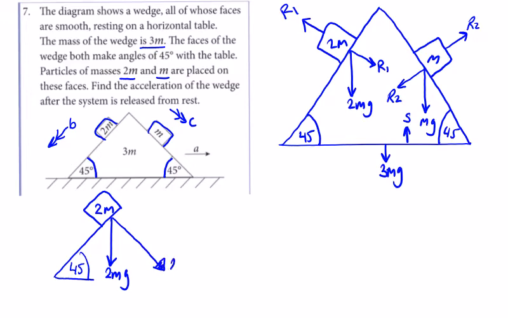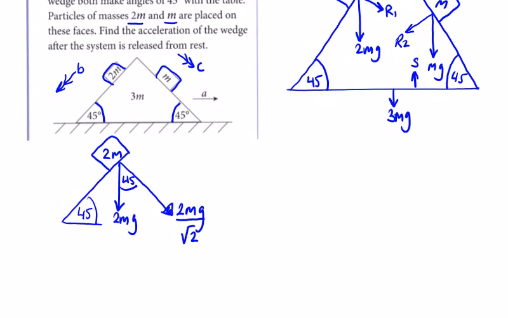I have 2mg, and it's adjacent to 45, so cos 45, which is 1 over root 2, so it's 2mg times 1 over root 2, which is 2mg over root 2. And similarly, we're going to have the same force coming down this way because of the 45-degree angle: 2mg times sine 45, which is times 1 over root 2. So 2mg over root 2.